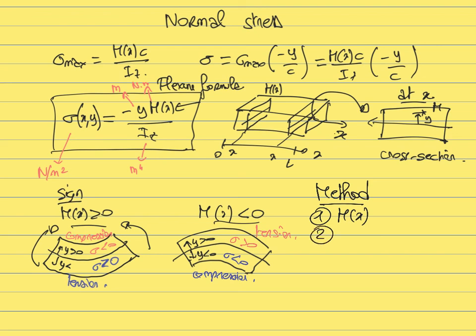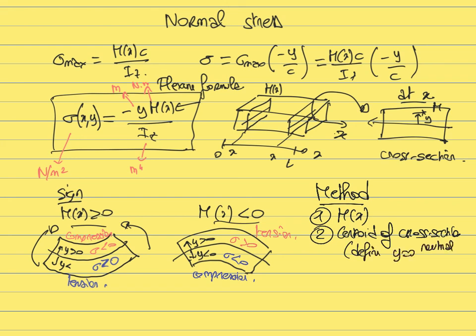Then the second thing is that once you have the internal moment, you need to calculate the geometry of the cross section at this point x. For this, the first thing that you will do is to calculate the position of the centroid of the cross section. Why? Because the centroid defines the neutral surface, y equals 0.